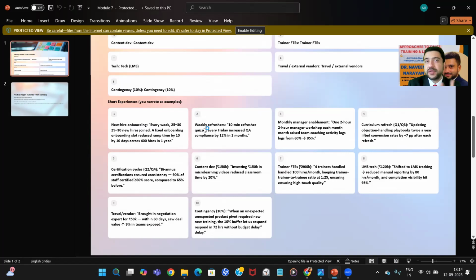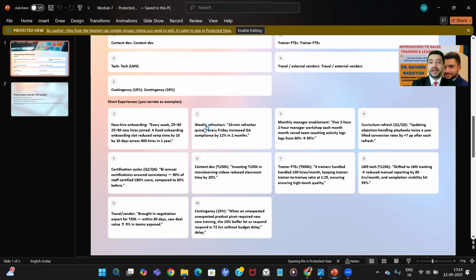Usually every week 25 to 30 new hires come in, so a fixed onboarding slot reduced the ramp time, from the first day of hitting the sales floor to the first sale, to 10 days, across 400 hires in 1 year. The ramp time was reduced because of following the trainings very thoroughly.